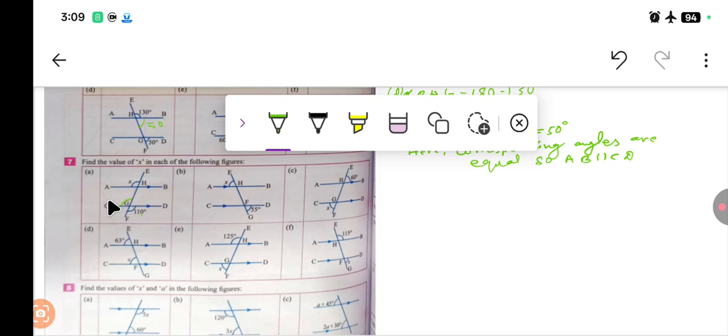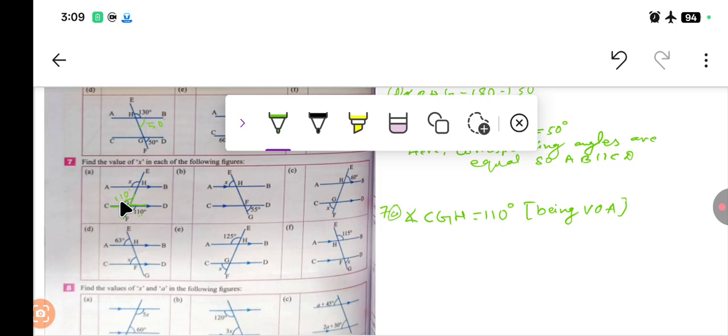This is an intersecting line. If this is 110, this will also be 110. Am I right? So you can write angle CGH is equal to 110 being vertically opposite angle. This is question number 7a.